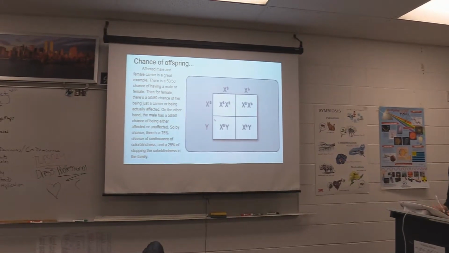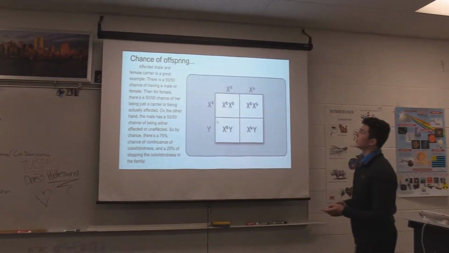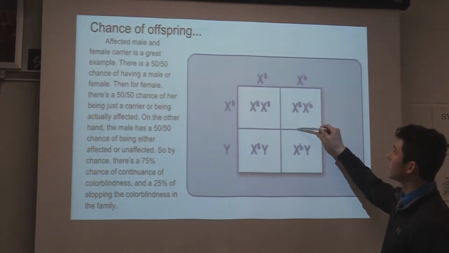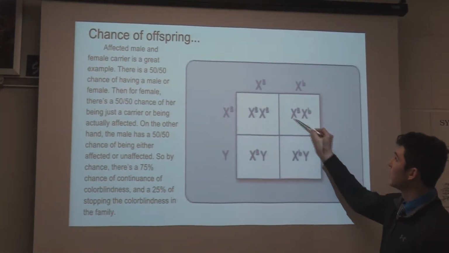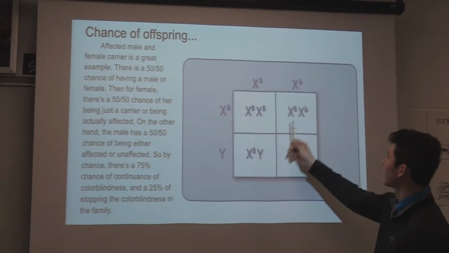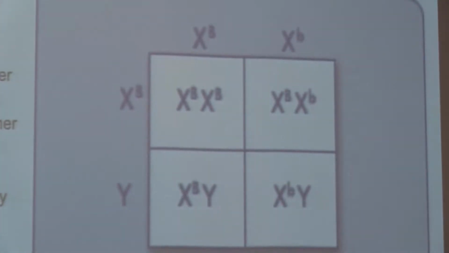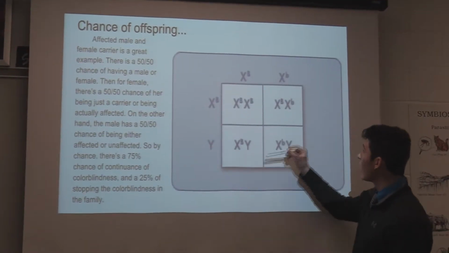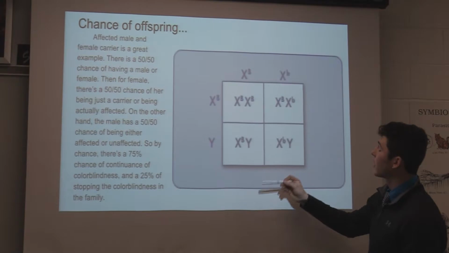So chance of offspring, there's obviously in any type of sex-linked trait, a 50-50 chance of having a girl or boy, XY. Now, on the other hand, there is a 75% chance of anyone being affected or carrier.